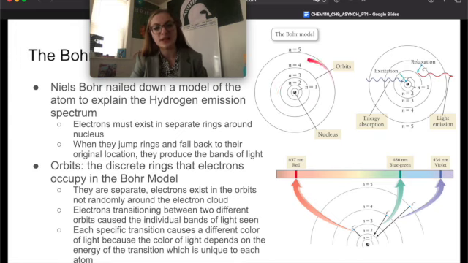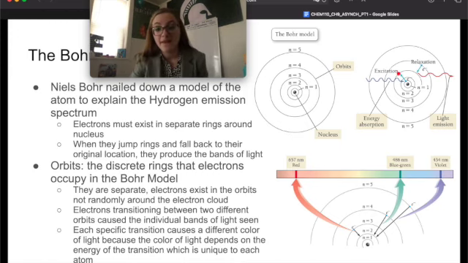And each of these rings had an energy level. And when electrons would take in energy, they would jump the ring that they were in, and they would become what we call excited.